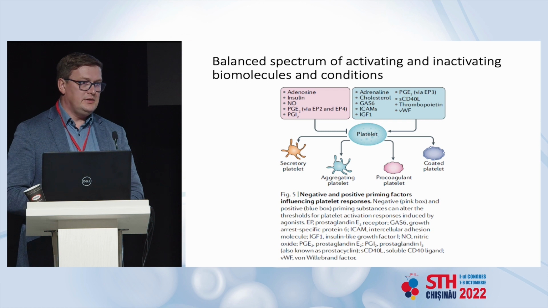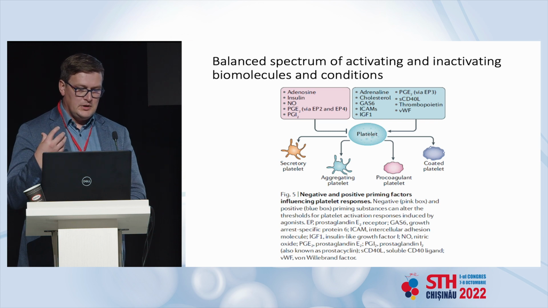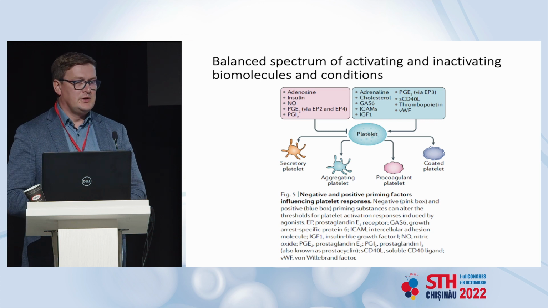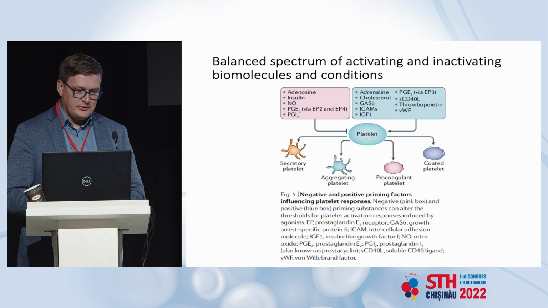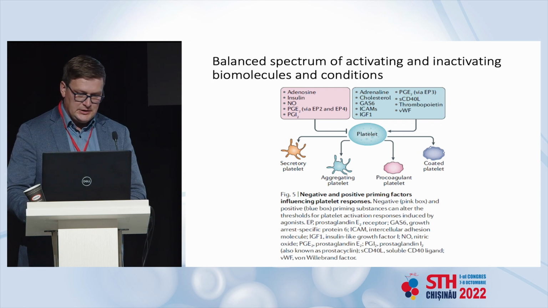There's a theory that people with risk factors for cardiovascular disease might have more positive priming factors, and thrombosis might not form, but even small changes in the endothelium during the atherosclerotic process might trigger a fast platelet response, and then secretory, aggregatory, procoagulant, and coated platelets are generated.